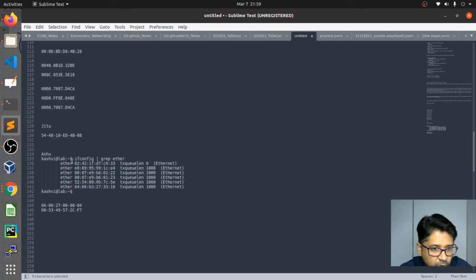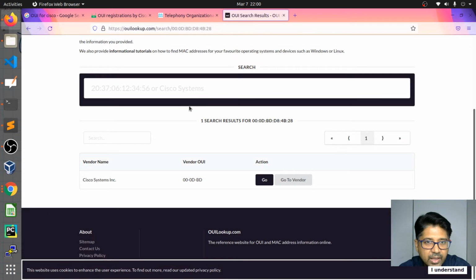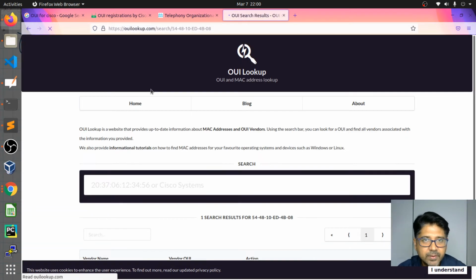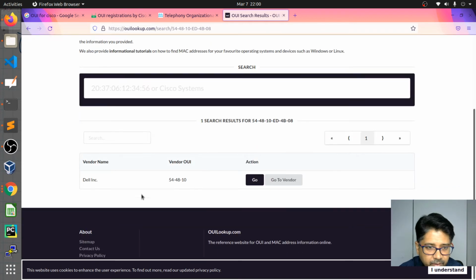Let me check what they gave Jitendra. I'm going to enter this MAC address and see which organization it belongs to. Dell. Jitu, yes, your NIC card, your PC belongs to Dell.